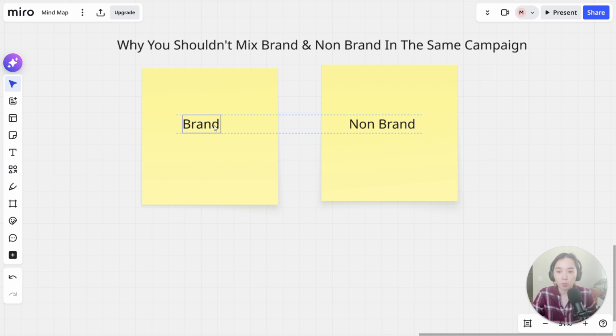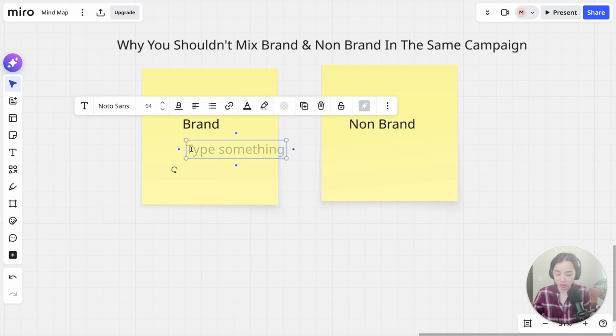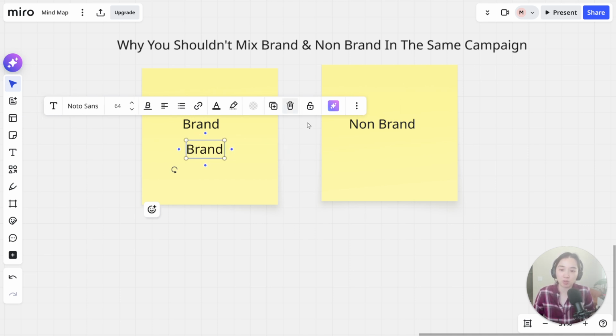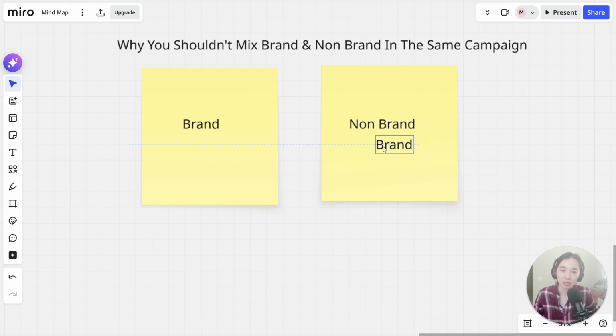And the way that I like to explain this is that we have 2 different campaigns. Campaigns have budgets, and budgets are set at the campaign level. So if you were to mix your brand and non-brand keywords, let's just say that these 2 yellow post-its represent the type of campaigns, and let's just say that you had a brand campaign and a non-brand campaign, but you let brand keywords slip into the non-brand campaign because you don't have the right guardrails.